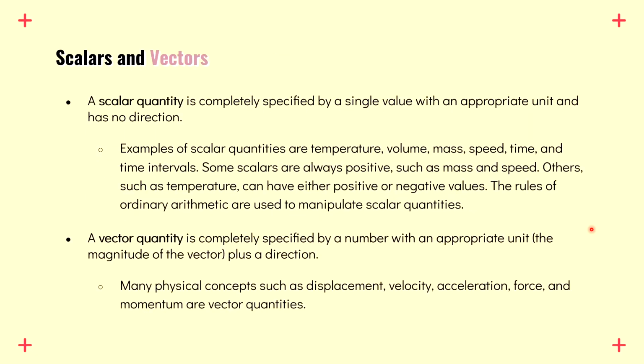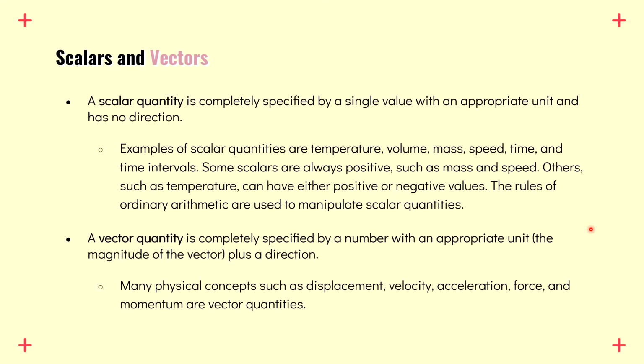And now we come to the main topic, which is vectors. We have 2 types of quantities that we are going to deal with in this subject. One is scalar and the other is vector. A scalar quantity is completely specified by a single value with an appropriate unit and has no direction.